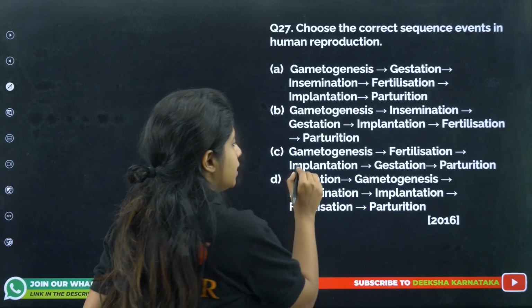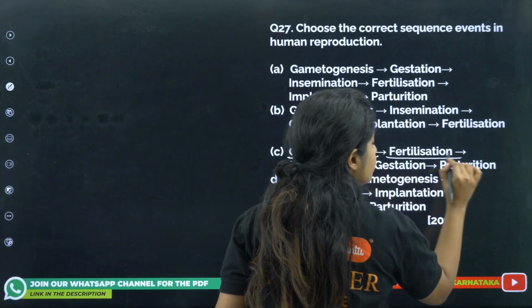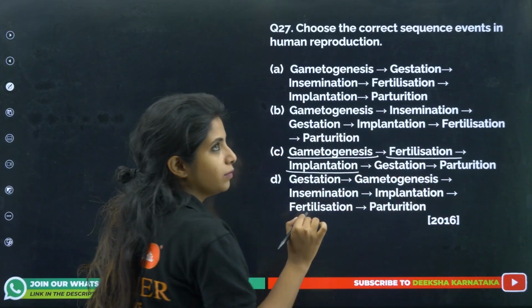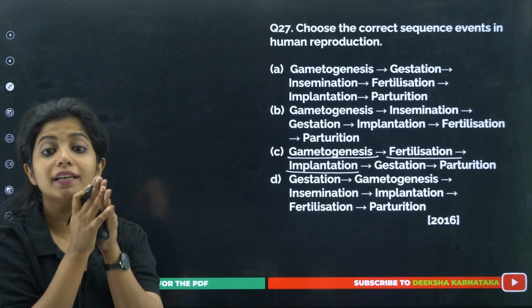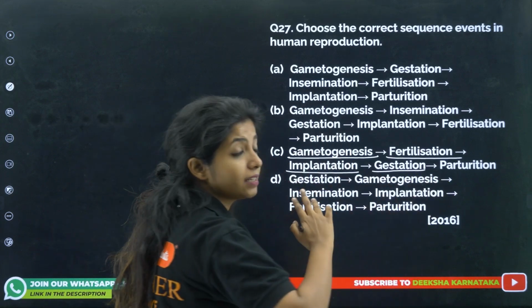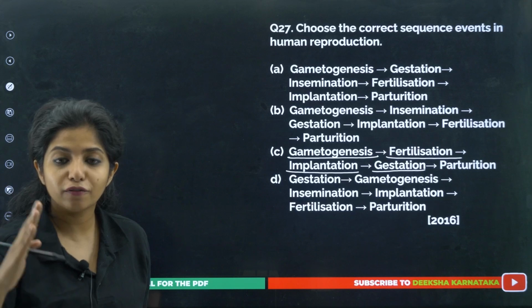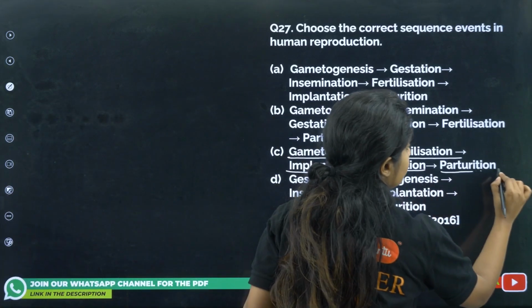So first we need gametogenesis, gamete formation. Second, these gametes have to fuse together, that is known as fertilization. Next, the zygote which is formed will form an embryo and later get implanted into the walls of the uterus, and then later completes its cycle, that is 9 months or, depending on the animal, 9 to 12 months, and then later the baby finally moves out.